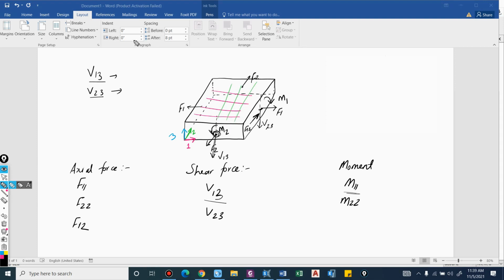For V13, the bar perpendicular to plane 1-3 is the bar along axis 2, and similarly for V23 the bar perpendicular to plane 2-3 is the bar in direction 1. So for resisting V13, the bar along direction 2-2 is responsible, and similarly for V23, the bar along direction 1-1 is responsible.